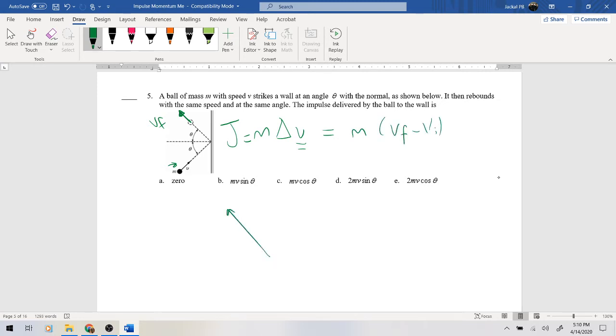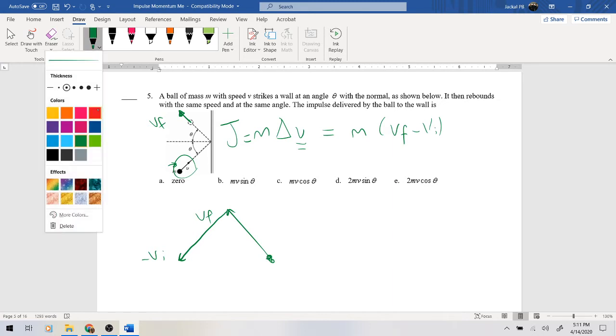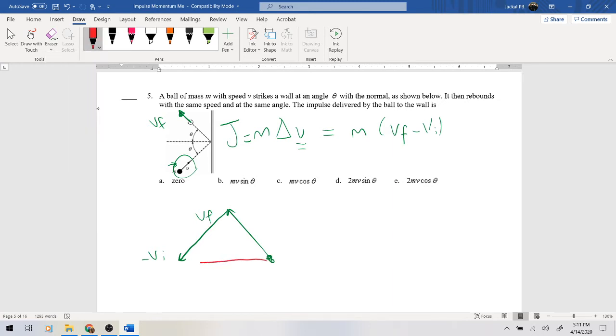So v final is going in this direction, and v initial is going in that direction, but you need to change the direction of it, and then it is going to be minus v initial. Then what is my direction? My change in momentum is going to be this vector, delta v.